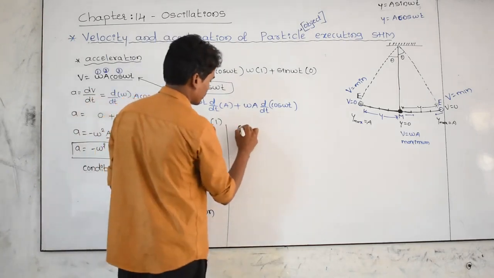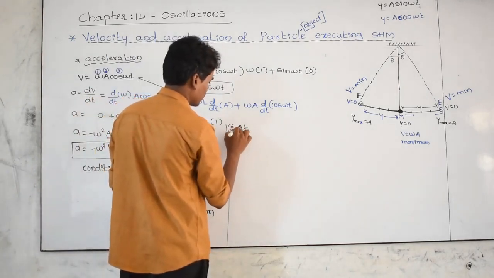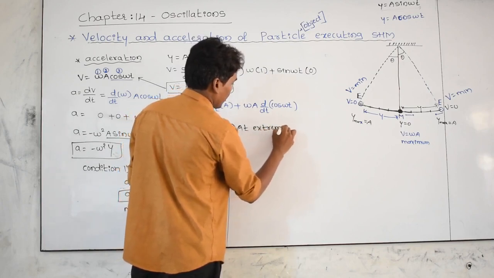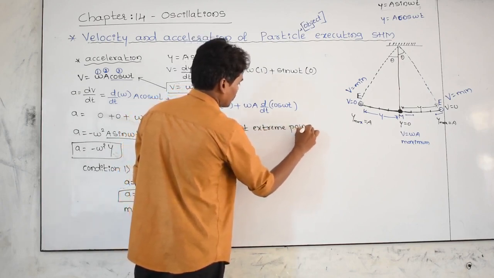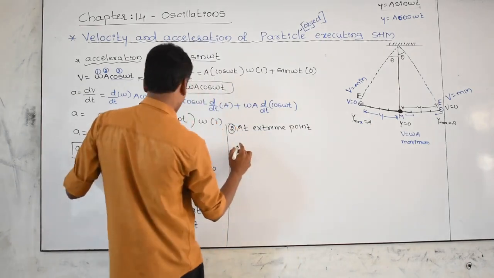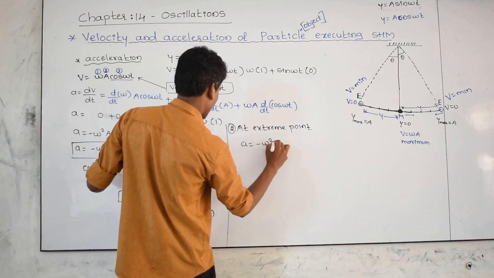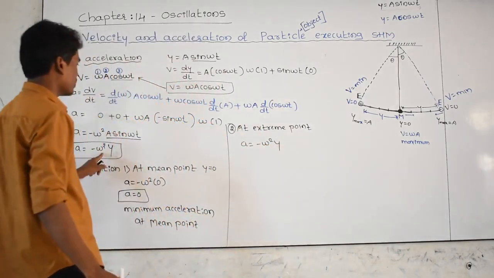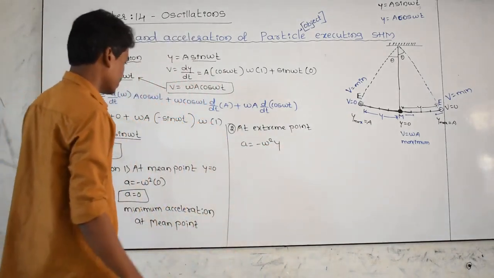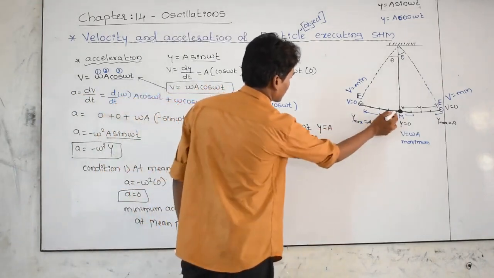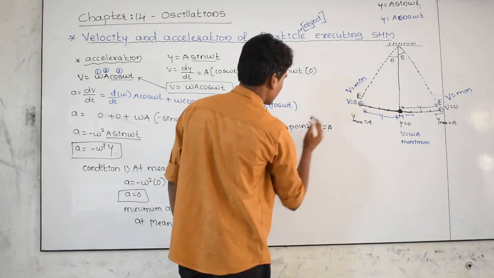At the extreme point. Second condition, at the extreme point. Again take this formula, a is equal to minus omega square into y. At the extreme point y is equal to a, the maximum displacement.